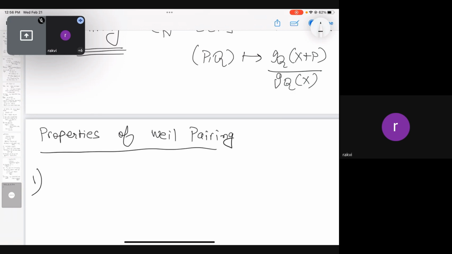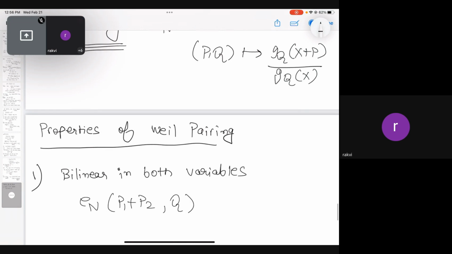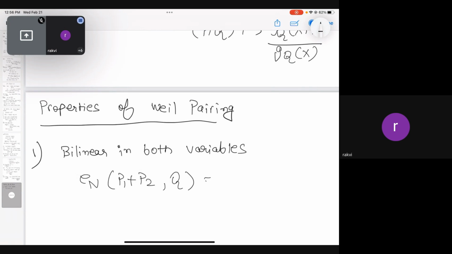So first of all, it is bilinear in both variables. What this means is that if you fix one and suppose you want to add in the first variable, then this is doing one at a time and then multiplying them.